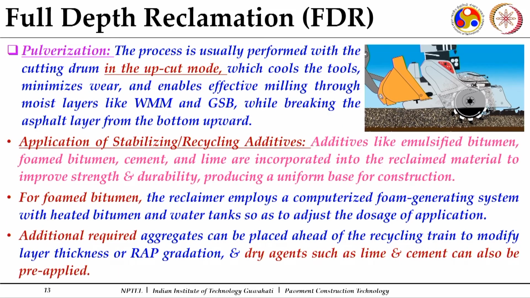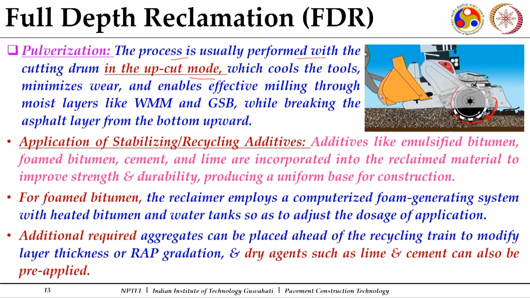So, going through these individual steps, pulverization is the process usually performed with a cutting drum, and the specific motion which is used is the upcut method. You can see in this particular one that whenever this is going, the drum moves in this manner. So, it goes from your unbound courses and then removes your bound courses.